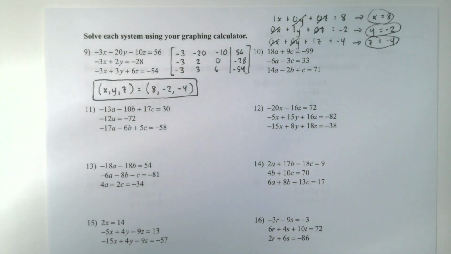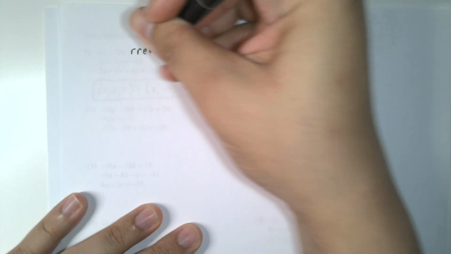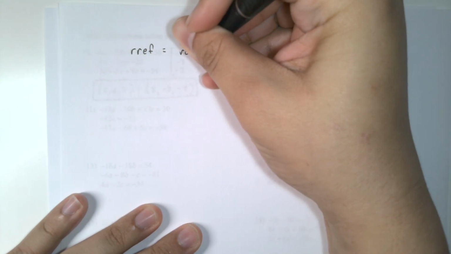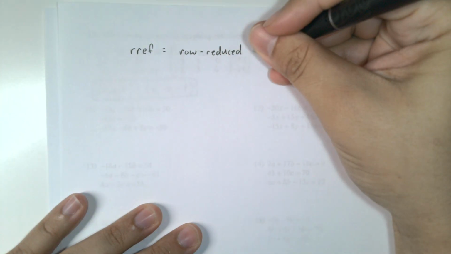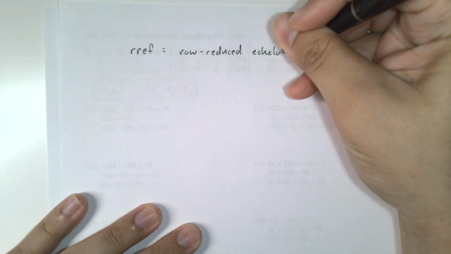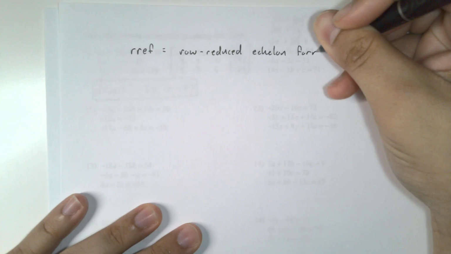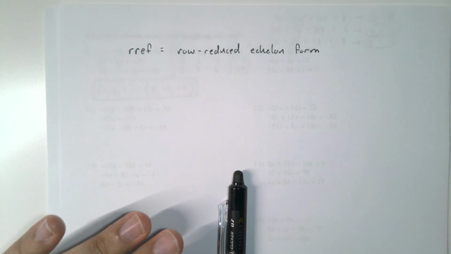So what that stands for, by the way, RREF, I'm going to write that up here or on a blank sheet of paper. I'm just getting a little cramped on that one. But RREF stands for row reduced echelon form.